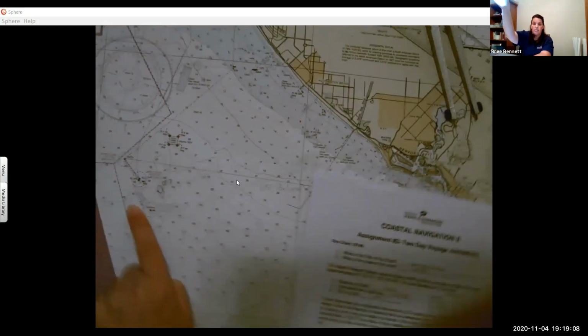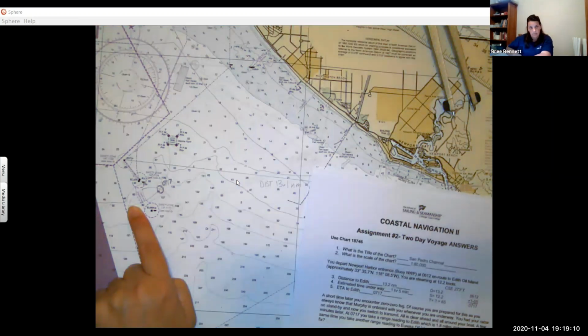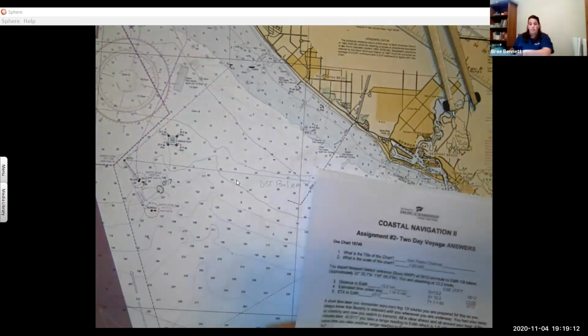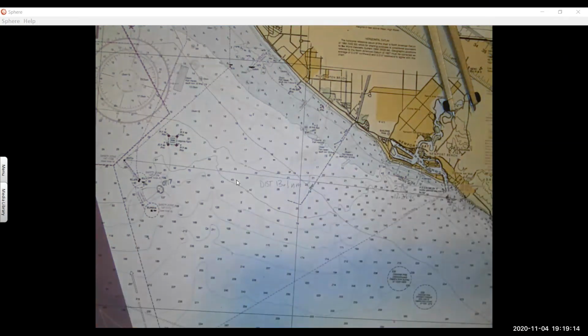Go back to a light. Okay. So, Bree, could I ask a quick question? Could you just go back? So when you took the heading to try to pick the position for the Eureka Oil Island at 0.9 miles, you took that off of Edith?